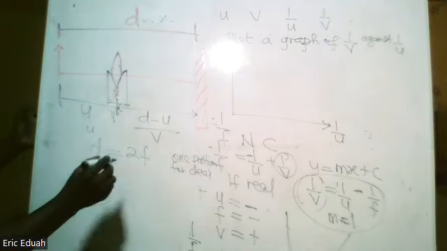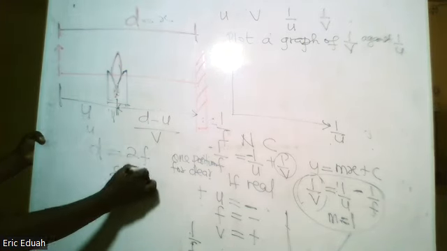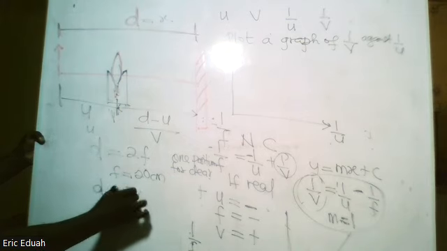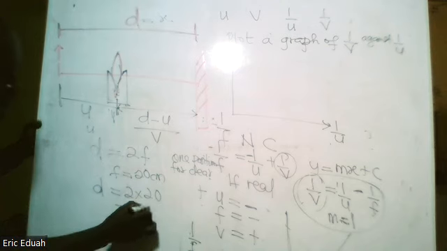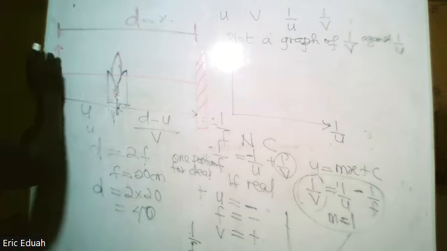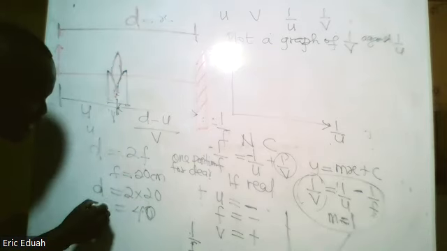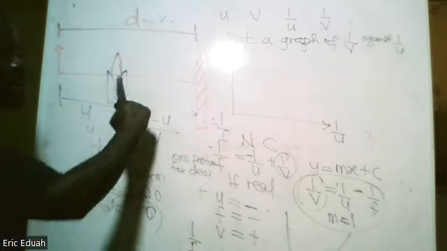Example, let's assume the focal length of this lens is 20 centimeters. It means D is equal to 4 times 20, which is 80. So if the distance between the object and the screen is 4 times the focal length, then this relation would always give you one position of clearer image.